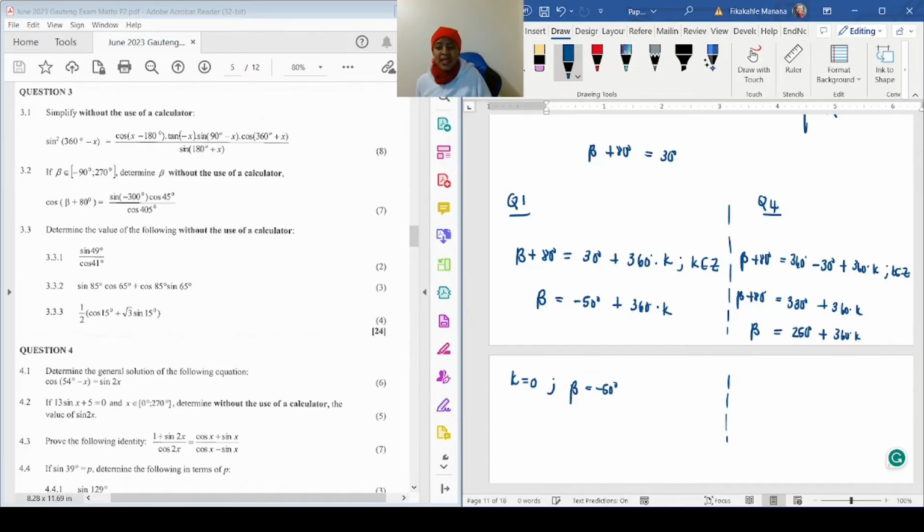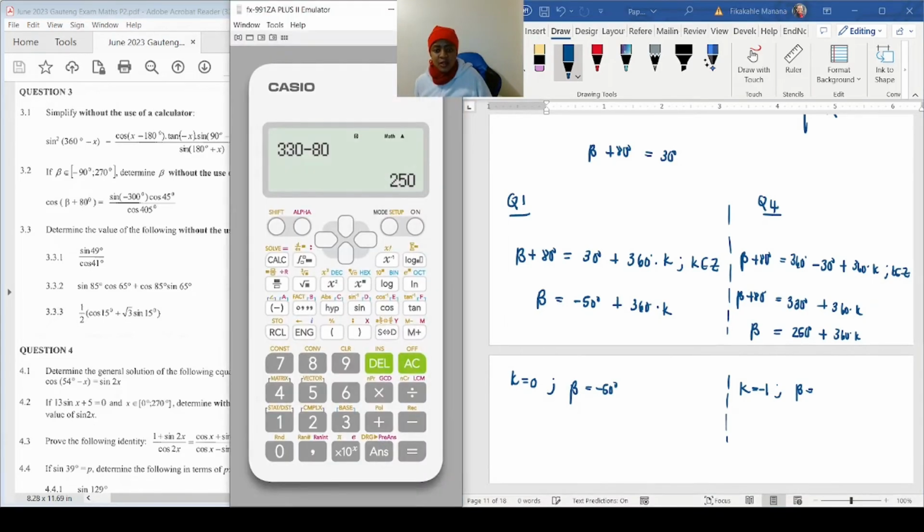Now if I go with k equal to negative 1, then what is beta? I would have 250 minus 360, which is negative 110. No, it's outside the domain, so that doesn't work. So beta cannot be equal to negative 110. If I have k equal to 0, then I will have beta equal to 250.